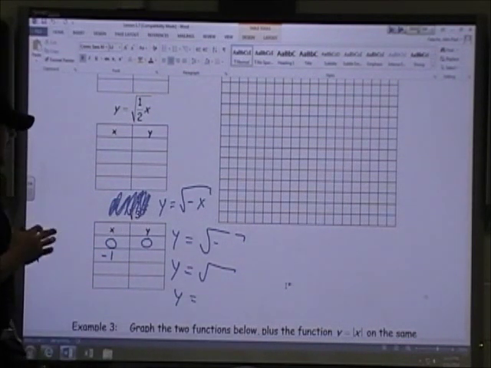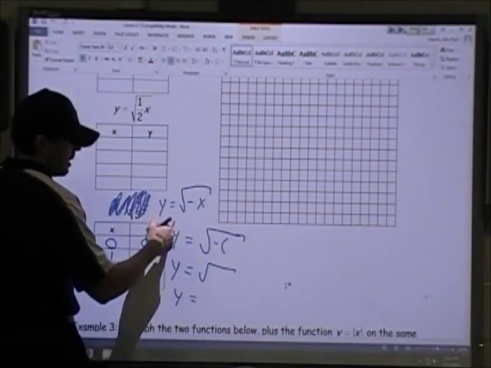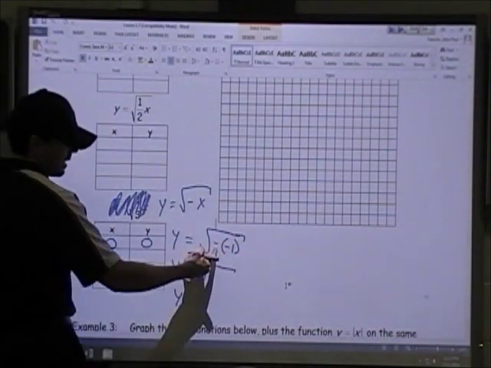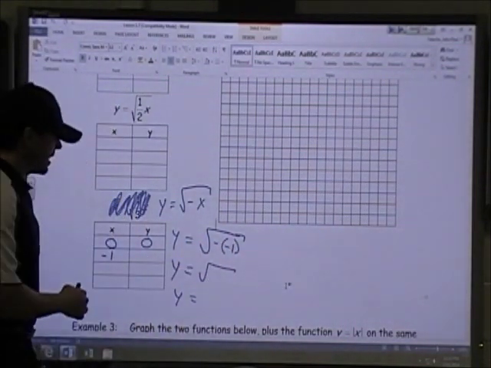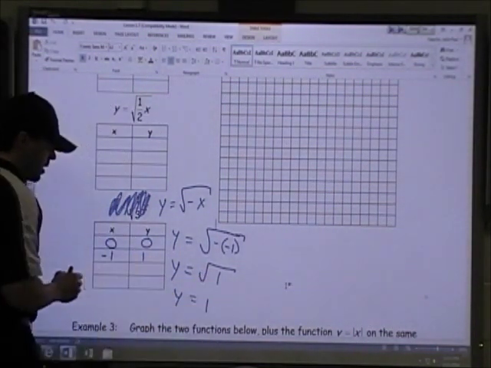Even though you can't take negative square roots, I know that if I plug in a negative 1, this is going to be y equals the square root of negative, and then x is negative 1, and a minus and a minus make a positive, so that's the square root of positive 1, which is 1.